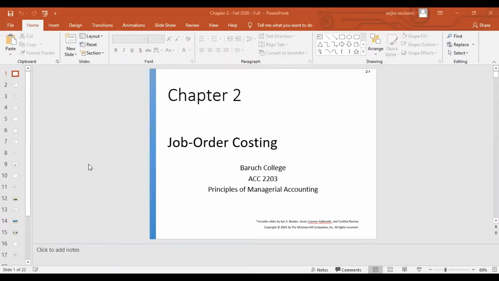There's something called process costing, for example, in a different chapter, which we will not cover in this class. That would be something different where products are identical to each other, right? It would be a little bit more simple because we could just average things, just divide cost into a bunch of units, right?